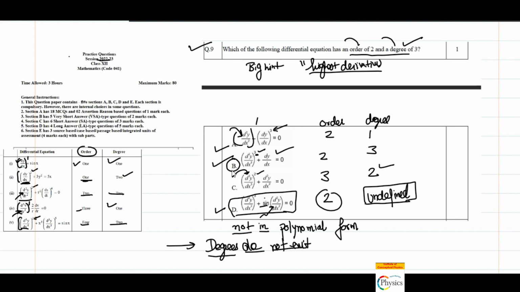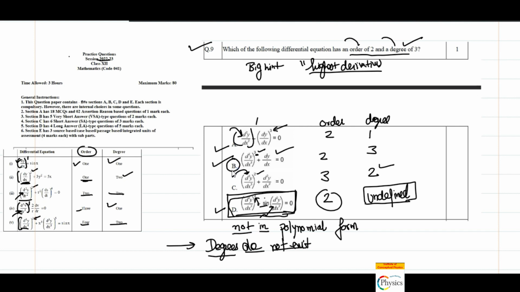Order does exist, right? Although I was tempted to write the degree as 3, since this is not in its polynomial form, the degree will not exist. See the difference between B and D.